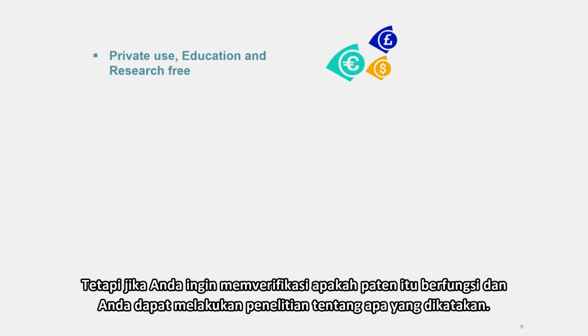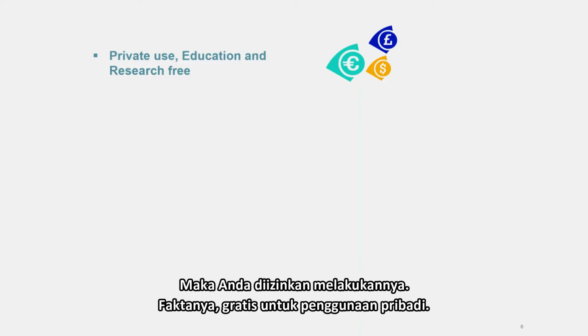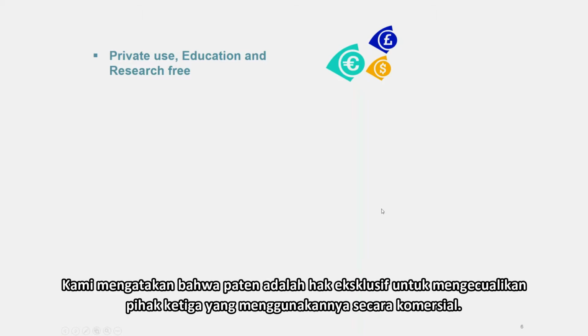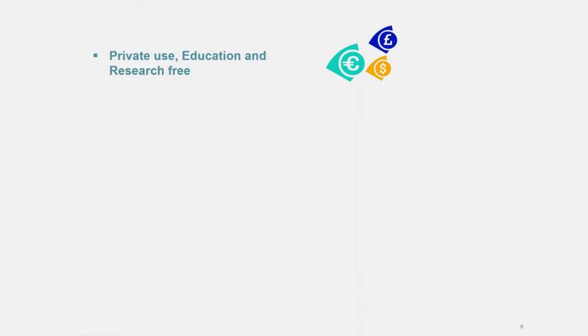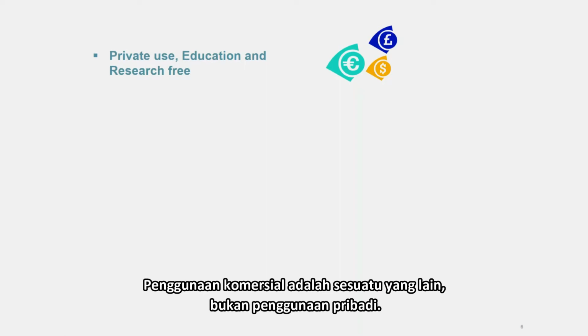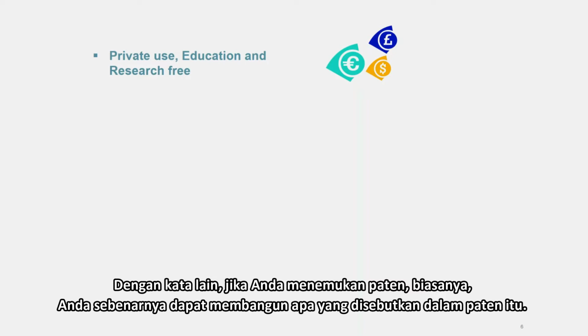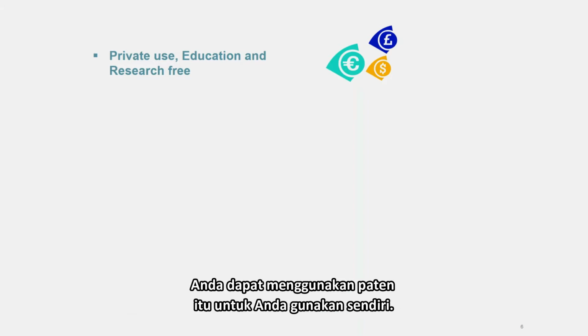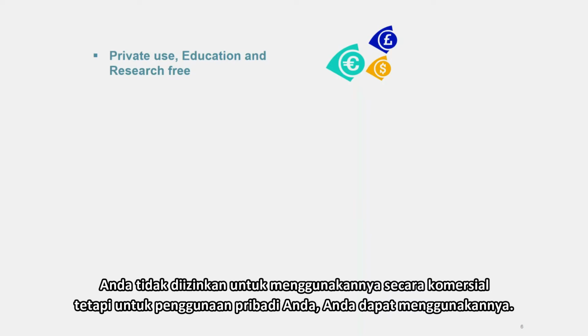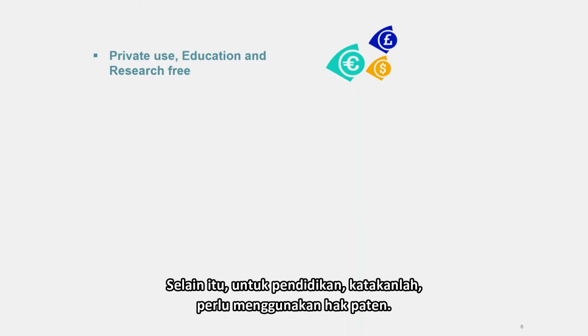But if you want to verify if that patent functions and you can do research on what is said, then you are allowed to do it. It is also said that it is, in fact, free for private use. We said that a patent is an exclusive right to exclude third parties using it commercially. A commercial use is something else than a private use. In other words, if you find a patent, normally you can build what is said in that patent. You can use that patent for your own use. You are not allowed to use it commercially, but for your private use, you can use it. Also for educational necessities, you can use the patent.